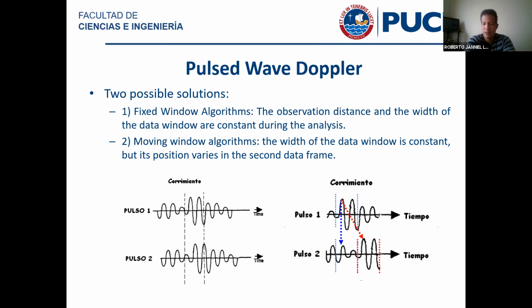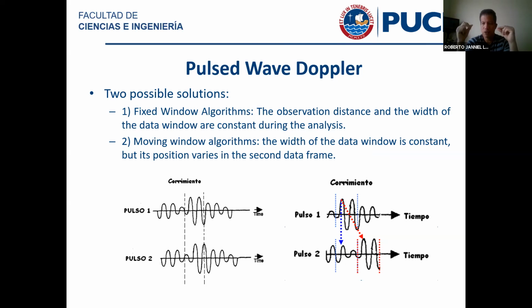The idea behind the fixed window algorithm is that you have your echoes and you analyze data for a certain segment. There is one location and one width for the window. Then you transmit a second pulse and get your echoes, and you look at data within the same time limits, the same starting time and the same ending time, as with your first set of echoes.